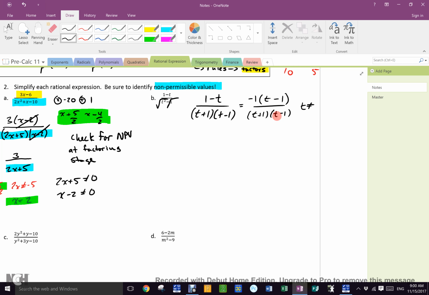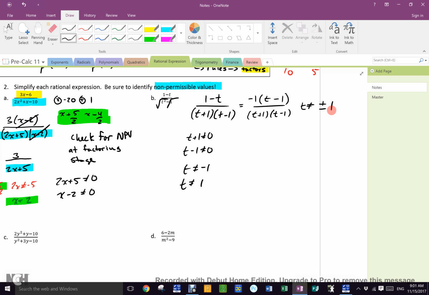The denominator, right? Which means t plus 1 can't equal 0, and t minus 1 can't equal 0. So t can't equal negative 1, and t can't equal positive 1. So t can't be plus or minus 1. Is everybody okay with that?